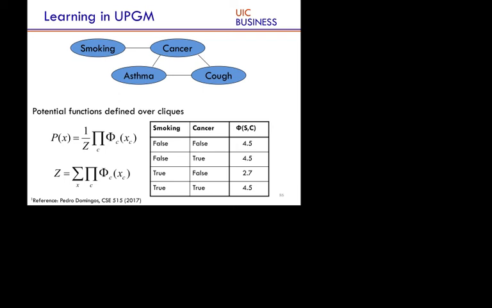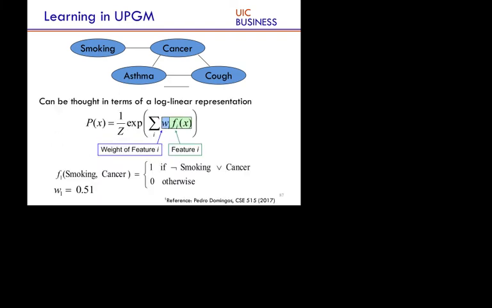Okay. So, for example, a single clique, let's say in this case, smoking and cancer. Let's say they are binary random variables, and this is the factor, or a potential function. So how do you learn?